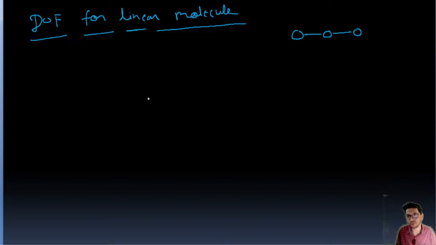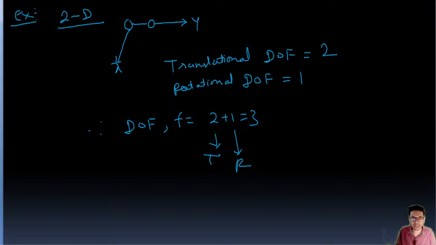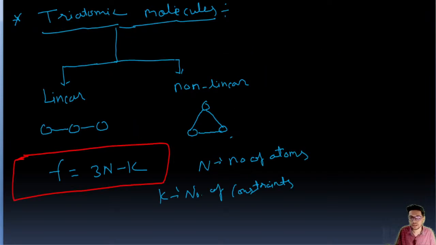We have a formula, right? F equal to 3n minus k. Since n equal to 3, because it's a triatomic molecule, and n is the number of atoms, I have already explained, and k is the constraints, the restrictions or number of constraints.